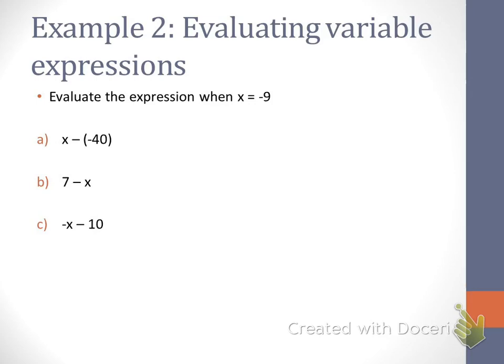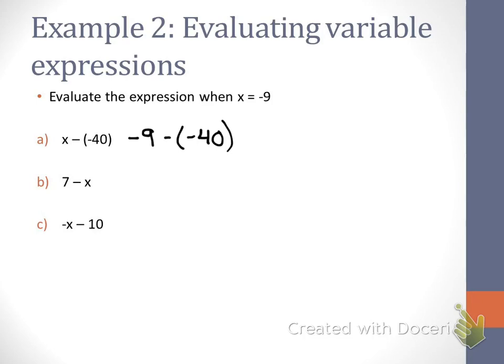Example 2 is very similar to example 1, except I'm substituting the value for the variable and then solving. So on example A, it says x minus -40. So I plug in -9 for x minus -40. Well, what do I need to do first?